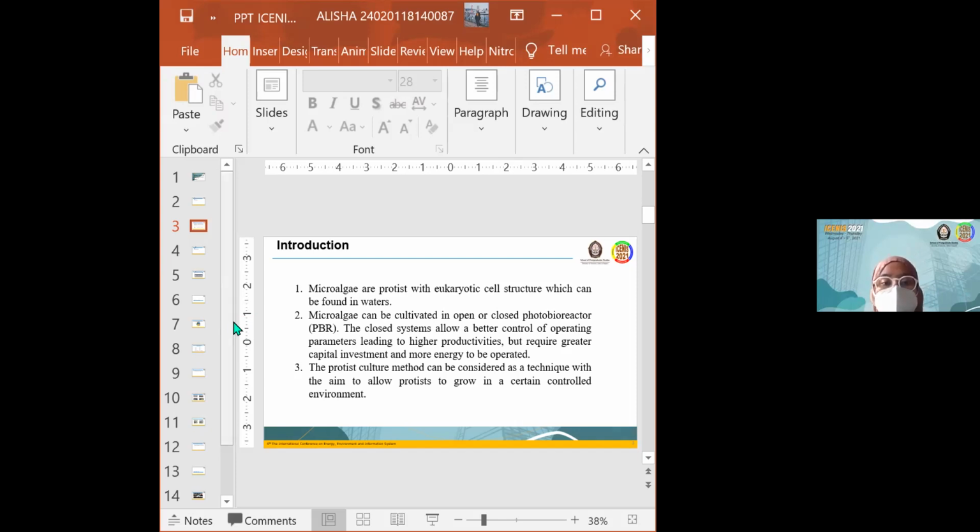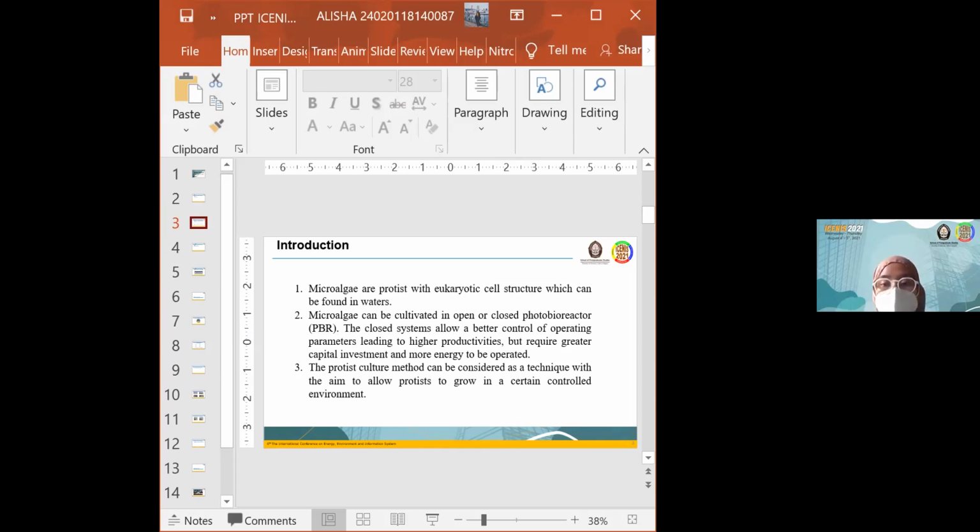The closed system allows better control of operating parameters, leading to higher productivities, but requires greater capital investment and more energy to operate. By using a PBR system, microalgae cultivation can be more controlled in terms of mass flux, contamination, temperature, pH, gas transfer, and nutrient distribution.